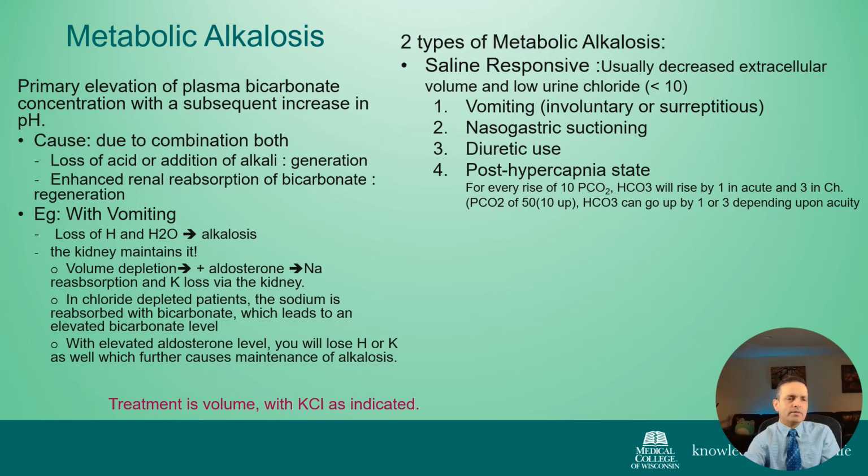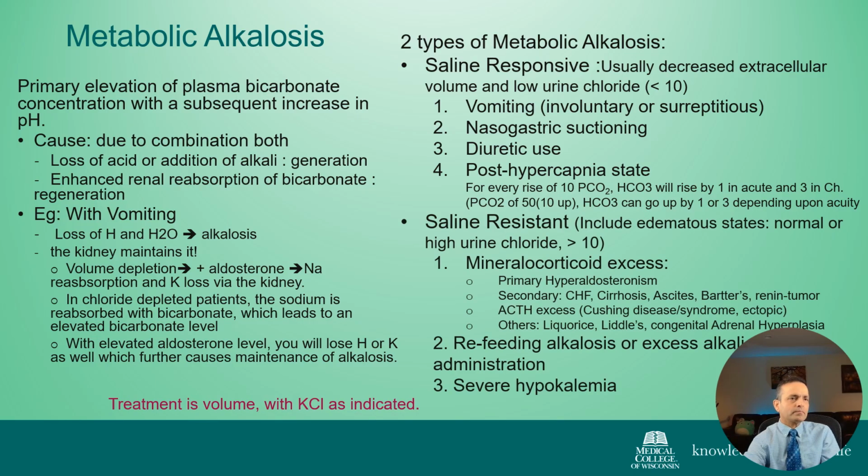For every rise of 10 in PCO2, bicarbonate will rise by 1 in acute, 3 in chronic. So let's say somebody has a PCO2 of 50, that means it went up by 10. So their bicarbonate is supposed to go up by 1 or 3. If it is acute, it goes up by 1. If it is chronic, it goes up by 3.